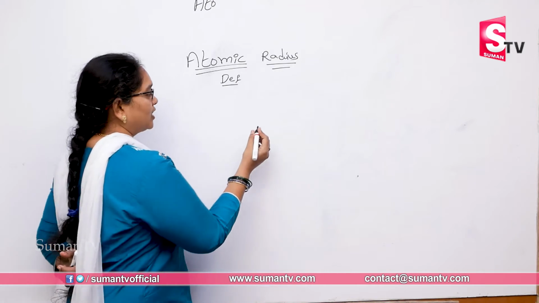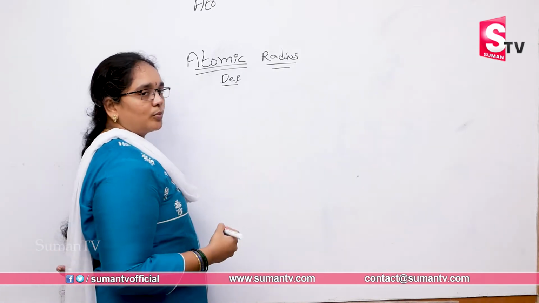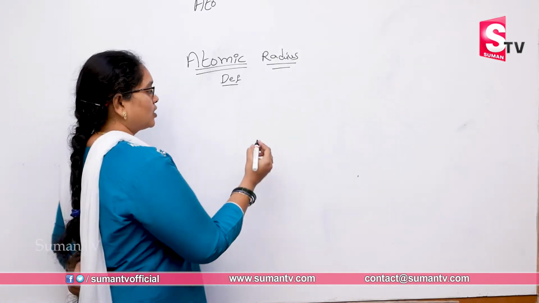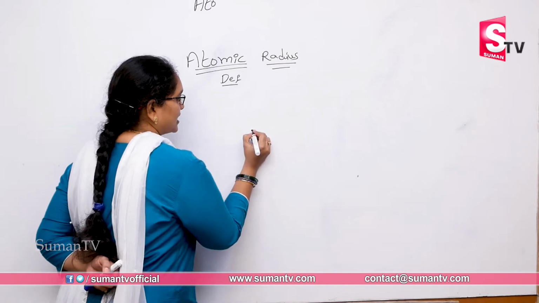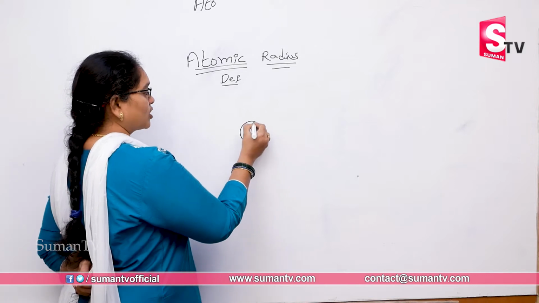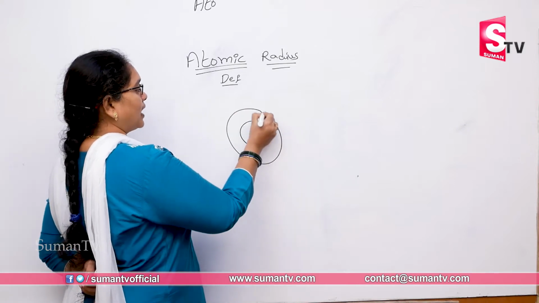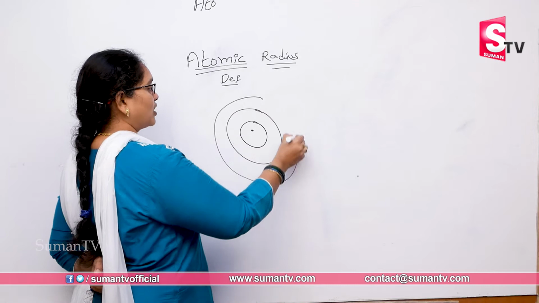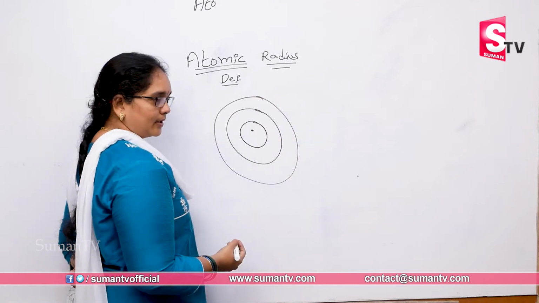According to the Bohr atomic model, the total positive charge is present at the center of the atom, called the nucleus, and the electrons revolve around the nucleus in a well-defined path. That well-defined path we call the orbital shell.